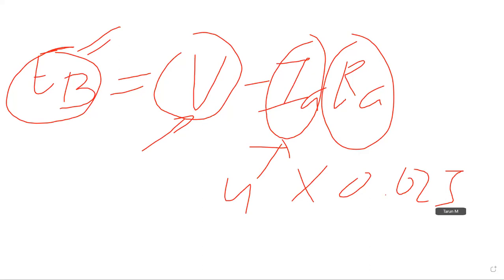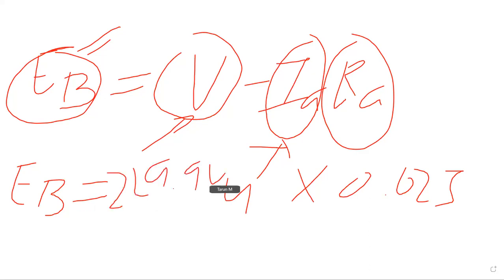So when you calculate EB using this formula, your EB will be equal to 229.9 volt. Okay. Clear this much?